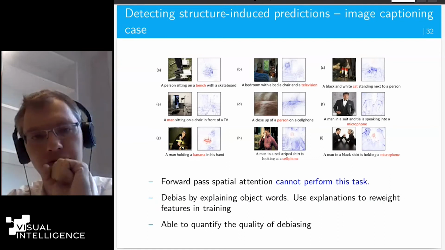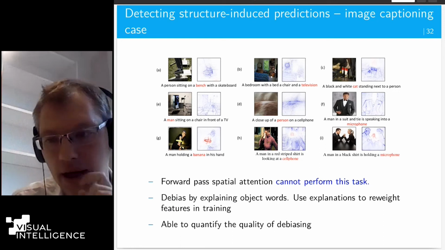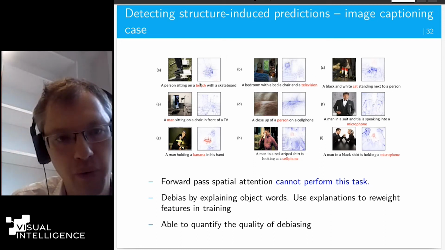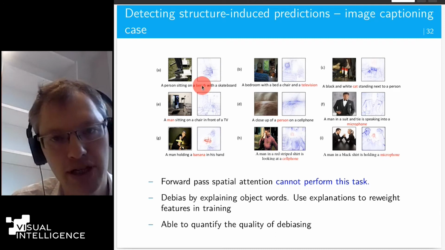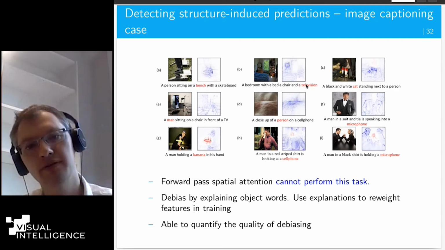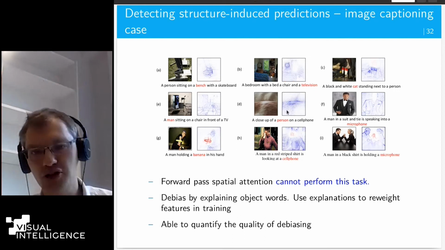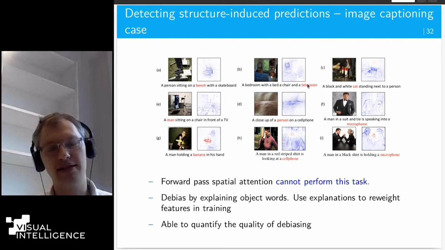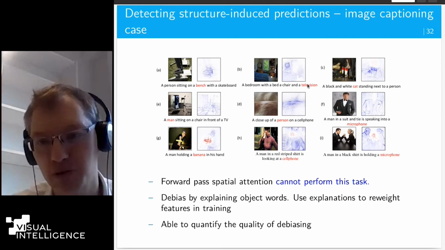And that's going to be qualitative results first. I can show you that there are predictions for words, like, for example, bench here or television here. When I look at the explanations, there is no evidence in the image for predicting the object words. And that's something that we call object word hallucination.